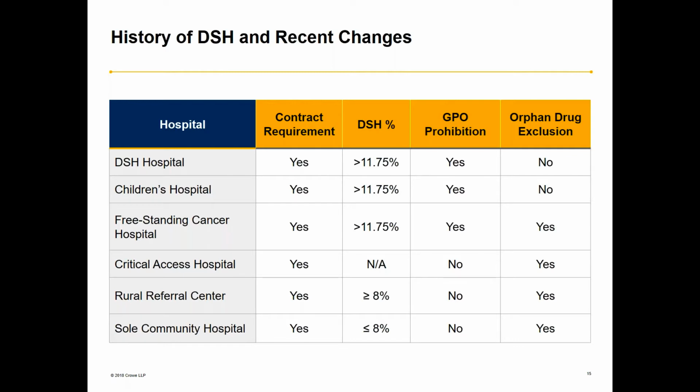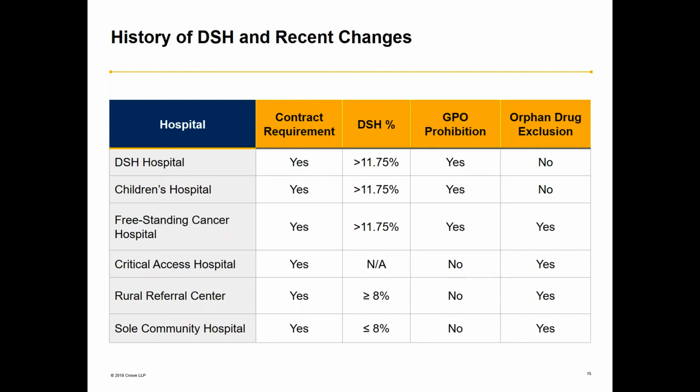Now, if you're a 340B hospital, you've seen a lot of changes that have occurred with the payment for 340B drugs. Over the past year, the payment you've received on this has been decreased approximately 30%.